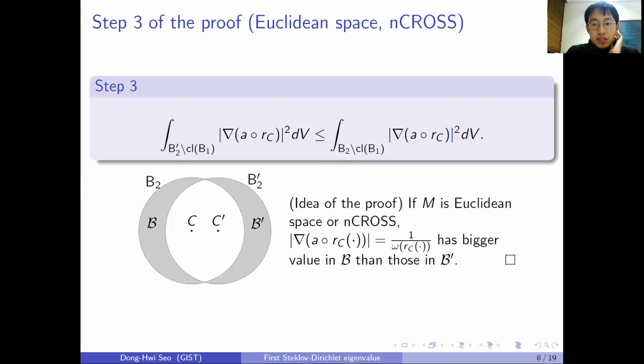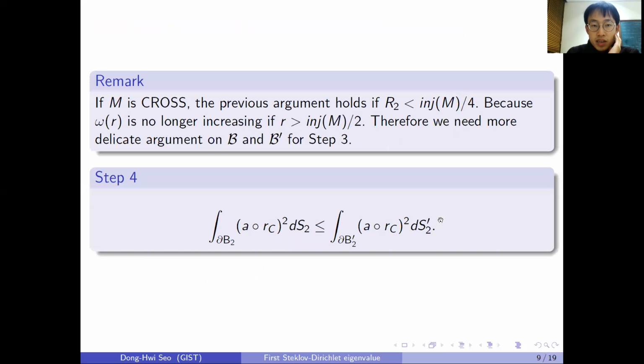So in this proof, we used that the density function is an increasing function. However, if the ambient space is a compact rank 1 symmetric space, the density function is no longer increasing if R is bigger than half of the injectivity radius.